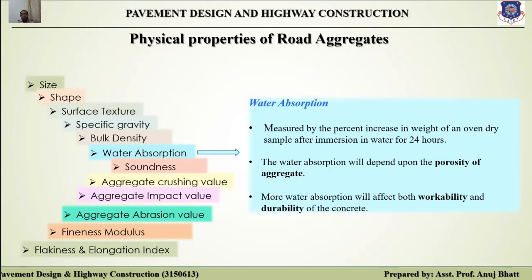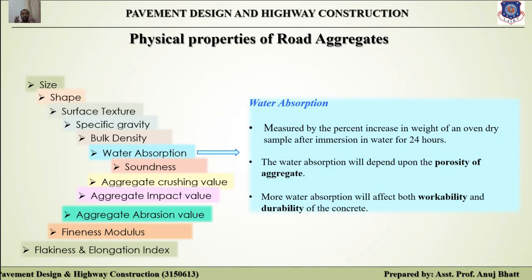The water absorption will depend upon the porosity of aggregate, and more water absorption will affect both the workability and durability of concrete. We are discussing concrete, the reason is we are also providing aggregates for the rigid pavement and flexible pavement too, as this cement and aggregate combination is important.